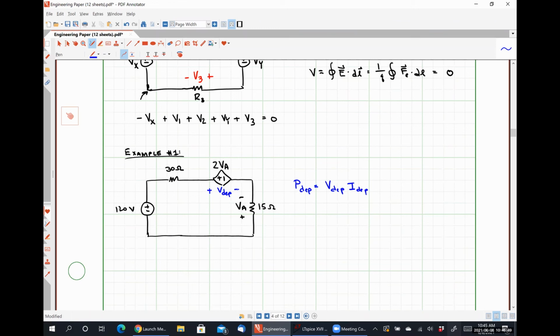And the reason why I chose that is so that it is the exact same as the polarity that is associated with the source itself, okay? So we can see pretty easily that V dependent is simply twice VA. Is everybody okay with that?